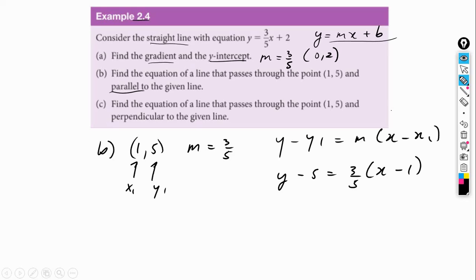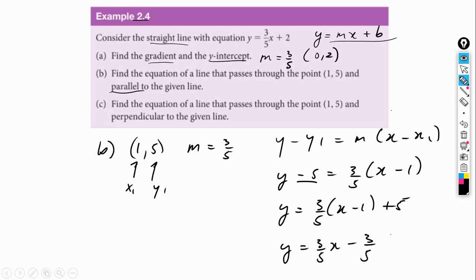And then we expand this and solve for y. So y is going to equal 3/5 times x minus 1 plus 5. Again, remember that we have to change the sign here. So y is equal to 3/5 x minus 3/5 plus 5. So we have to do the sum, and then we're going to get that y is equal to 3/5 x, and once we have that, all we need to do is add this and this.